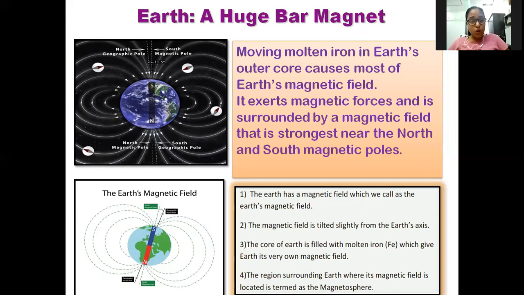Third, the core of Earth is filled with molten iron, which gives Earth its own magnetic field. Yes, as you know, the core of the Earth is filled with molten iron. That is why Earth has its own magnetic field. Fourth, the region surrounding Earth where its magnetic field is located is termed as the magnetosphere. Magnetosphere, yes.